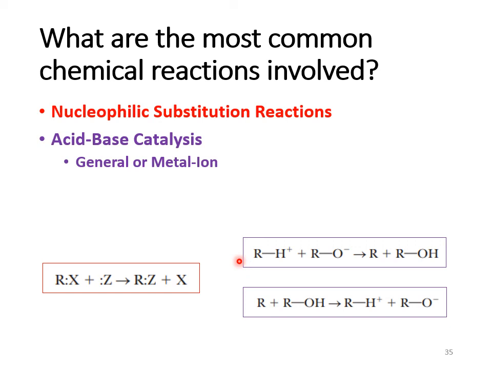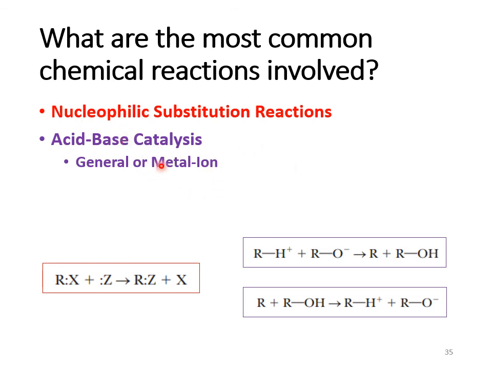That was seen in the chymotrypsin mechanism, where histidine is part of both acid and base catalysis. Now, you don't have to memorize the chymotrypsin mechanism and all that. I just want you to be aware that some amino acids like histidine will be part of both the acid and the base forms of catalysis.